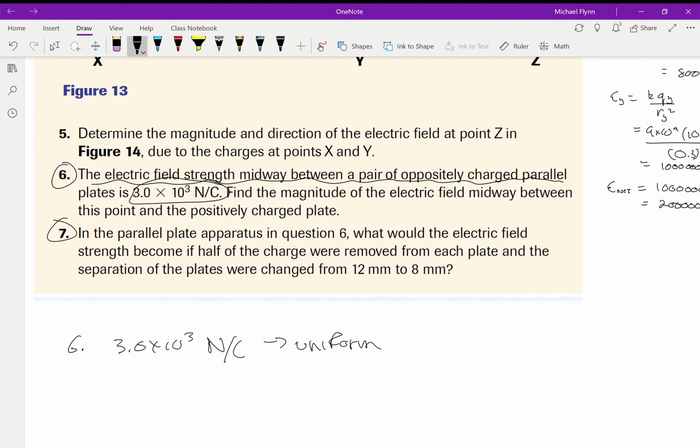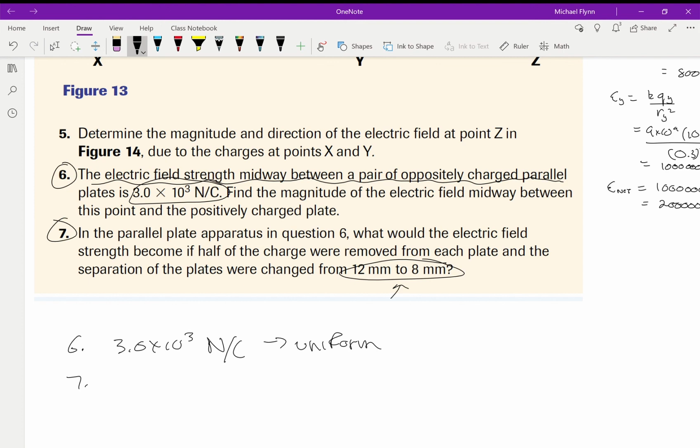Okay? All right, now number 7. It says the parallel plate apparatus in question 6. What would the electric field intensity be if half of the charge were removed from each plate? Well, on paper it would change, depending on your apparatus.